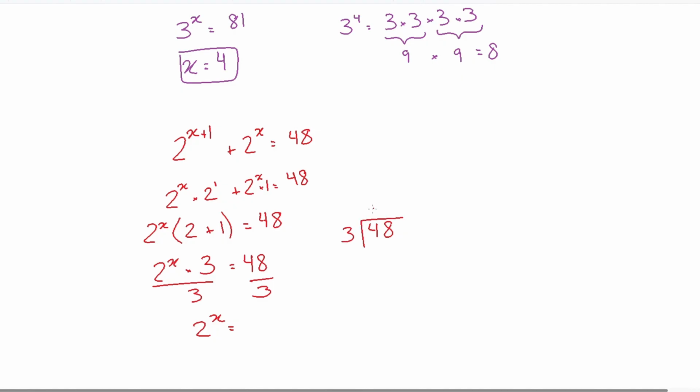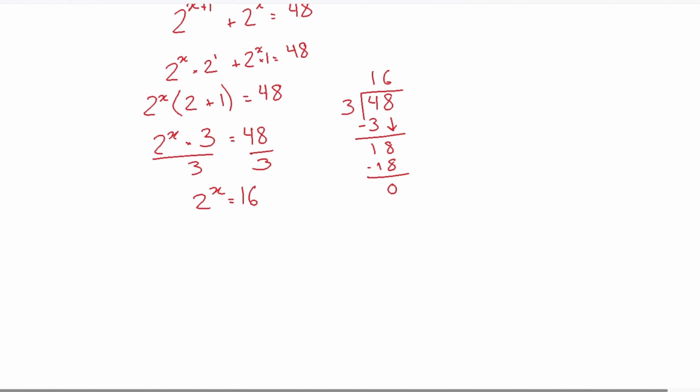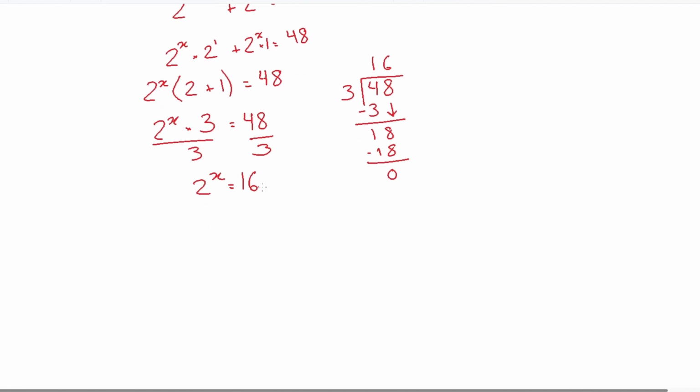So 48 over 3, 3 times 1 is as close to 4 as we can get. That's 3. 4 minus 3 is 1. You bring down the 8. And 3 times 6 is 18. So it goes in perfectly into 48. So this is 16. And so now all we have to think about is when is 2 to the x equal to 16?